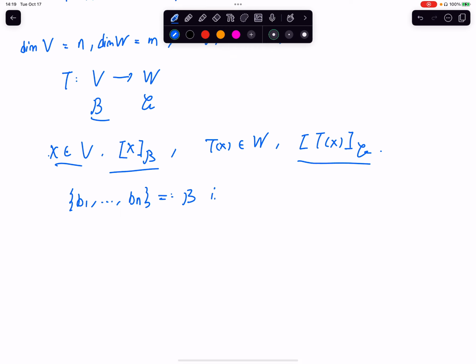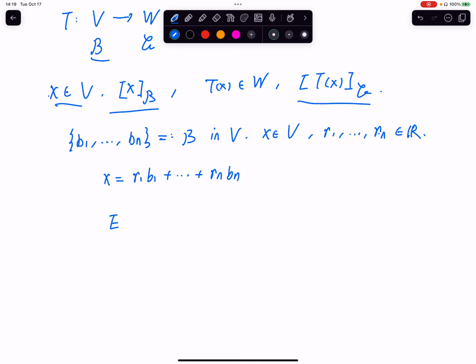If x lives in V, and r1 up to rn live in the underlying field of scalars, then x has the unique representation r1 b1 plus all the way down to rn bn, and we can denote the coordinate vector [x]_B as given by r1 up to rn.